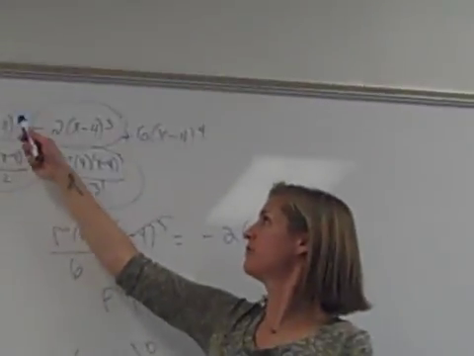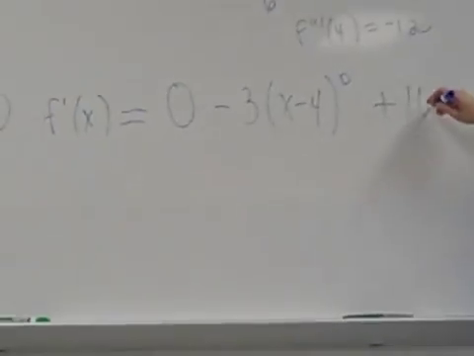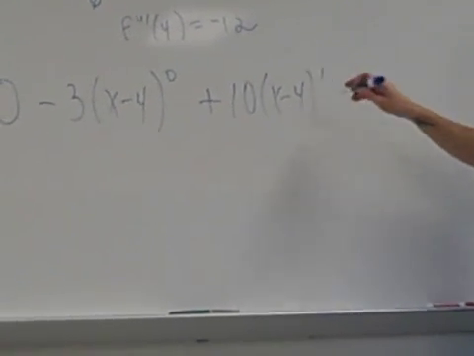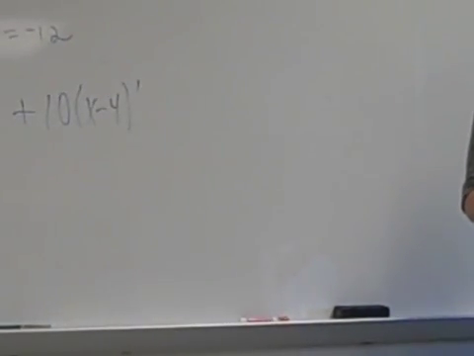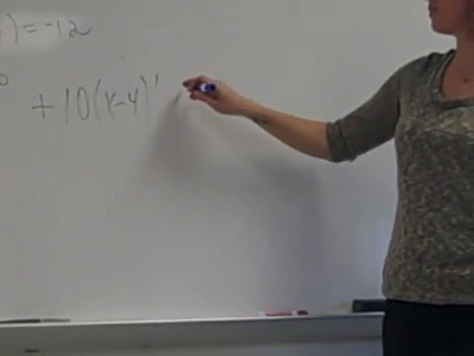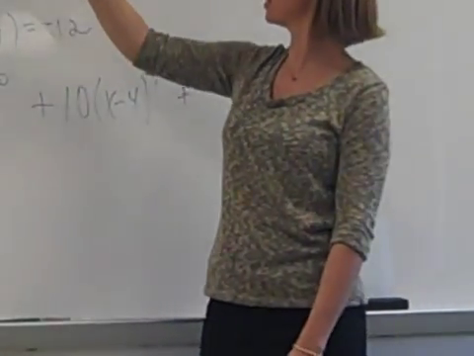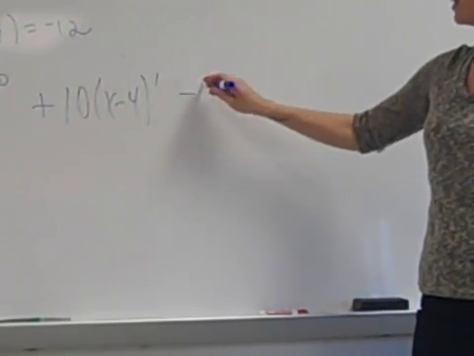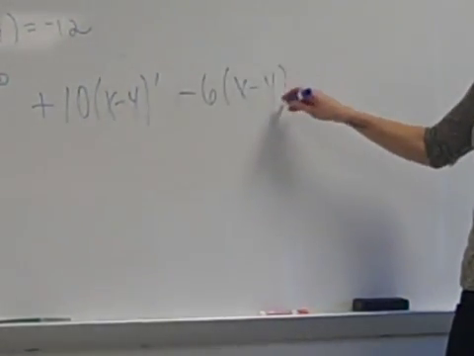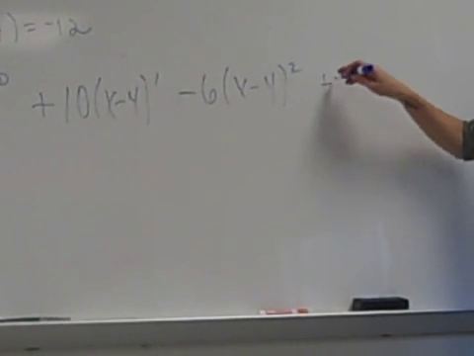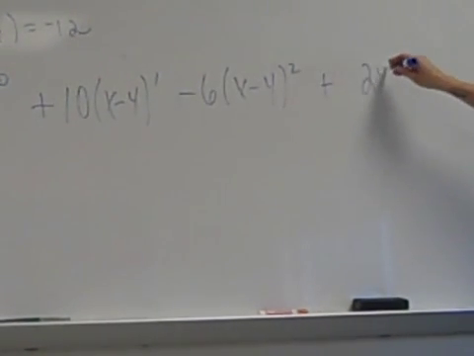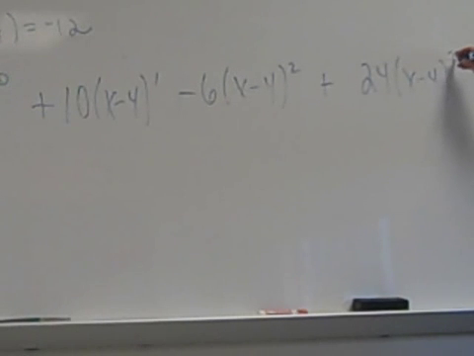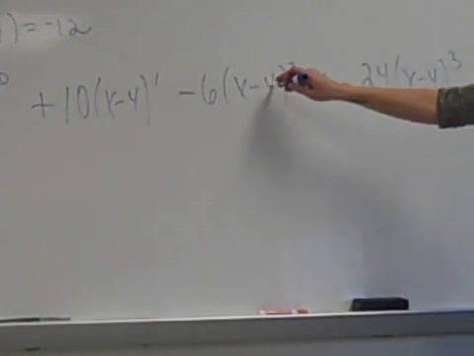My next term's derivative, take my power down, so it would be 10 times x minus 4 to the first. Get it? So I'm just going term by term derivative. My next one will be minus 6 times x minus 4 squared. And the next one, the derivative of the last one, 24 times x minus 4 to the third.